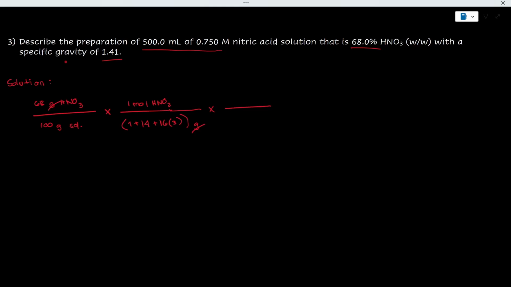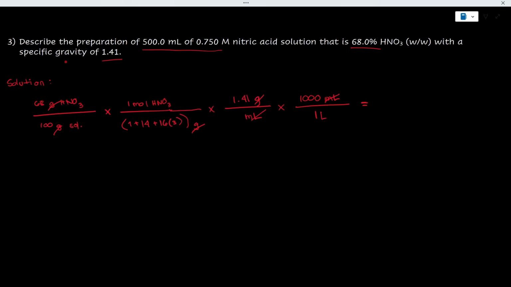Let's use the specific gravity, 1.41 grams per ml, and we can cancel that. Let's convert ml to liters, and we are left with mole nitric acid per liter.